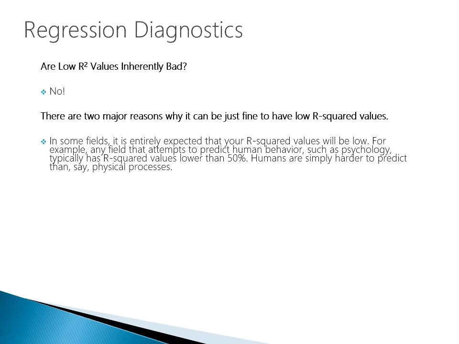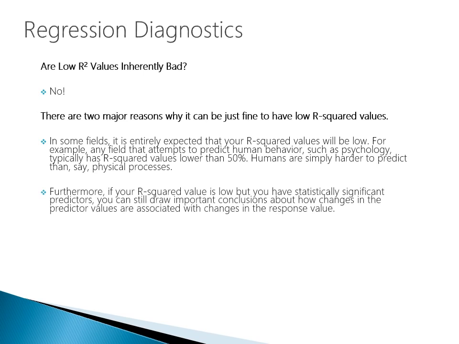Humans are simply harder to predict than, let's say, a physical process. So if I'm trying to understand a mechanical process in a very controlled environment and develop my regression formula to model this, I would expect to have higher R squared values. However, if I'm using regression analysis, trying to understand subtle nuances of the human condition, well, less than 50% is okay.